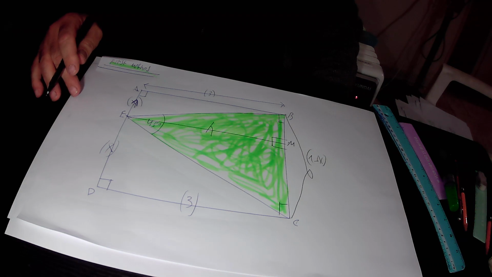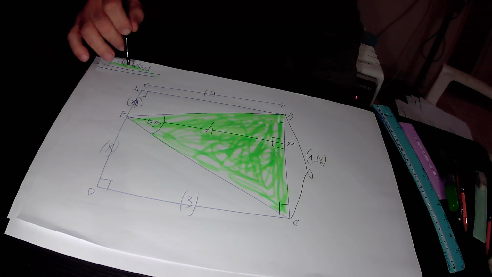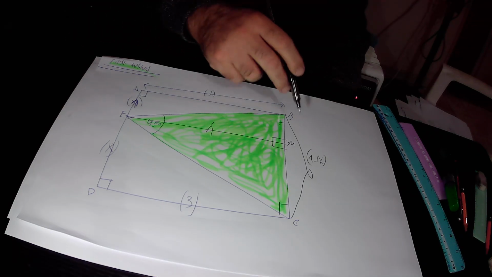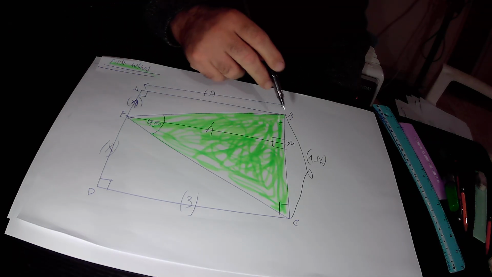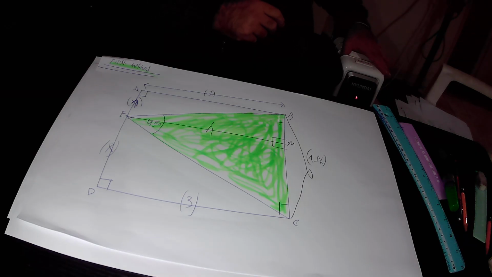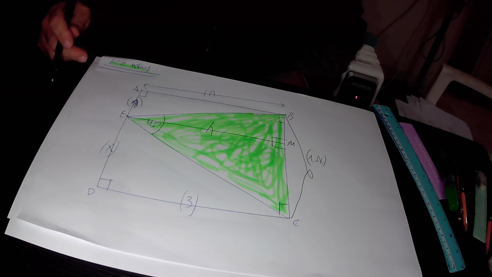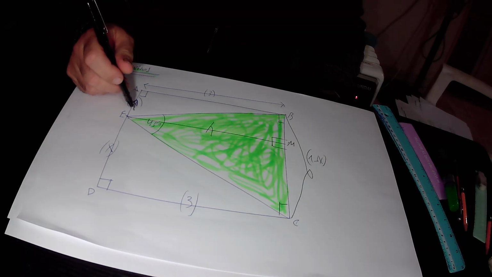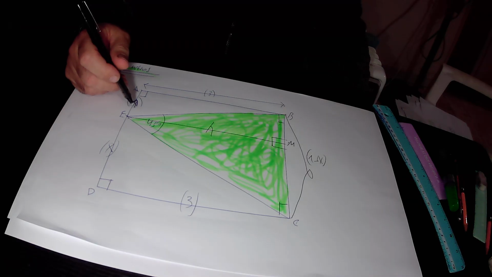By doing this construction, we create quadrilateral ABME. Inside quadrilateral ABME, we have 1, 2, 3 right angles. The sum of 3 right angles is equal to 270 degrees. So 270 degrees plus the size of this fourth missing angle, in total they must equal 360 degrees, according to the rule that the sum of the angles in any quadrilateral is equal to 360 degrees.